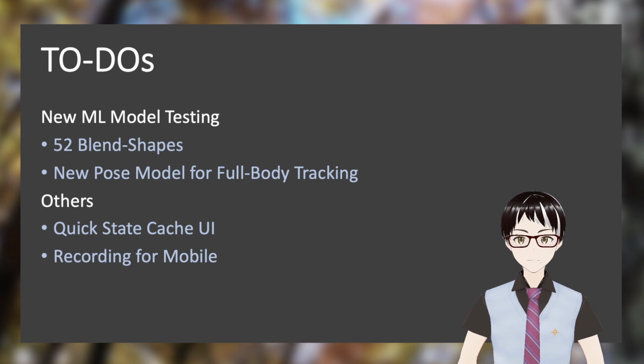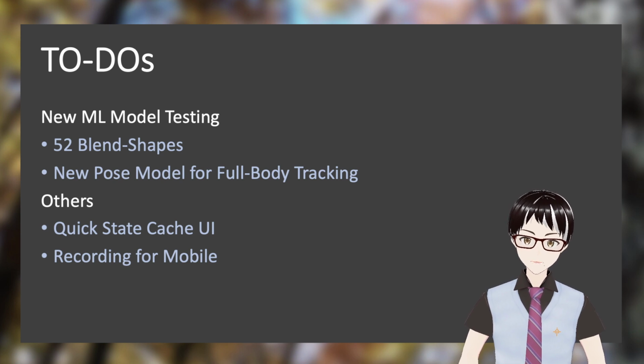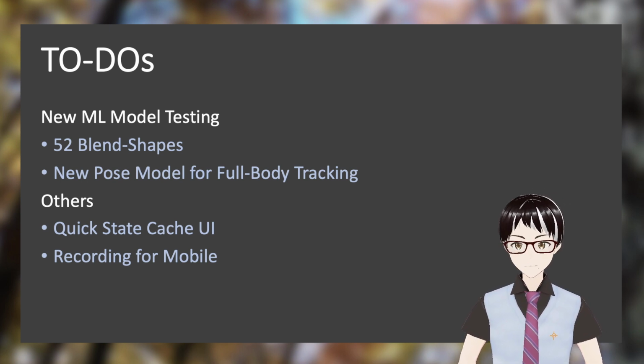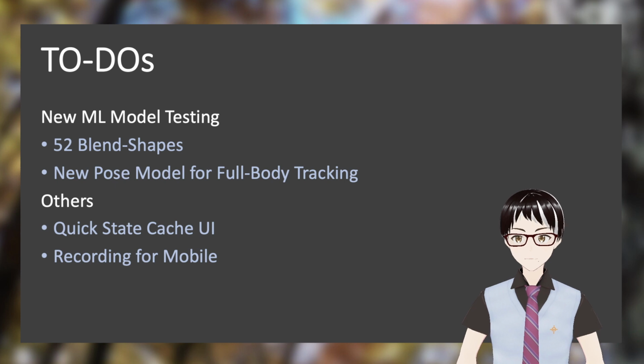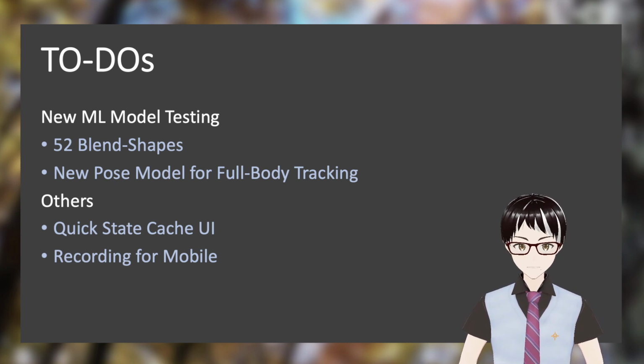However, how we could potentially utilize this information and use the new facial landmark model for these 52 blend shapes inside OpenLive3D is still something that we'll need to consider and design. One option is that we automatically detect if the VRM has the 52 blend shape option.